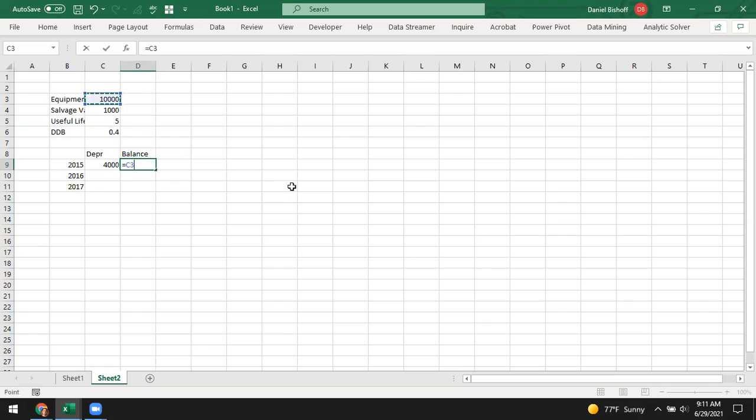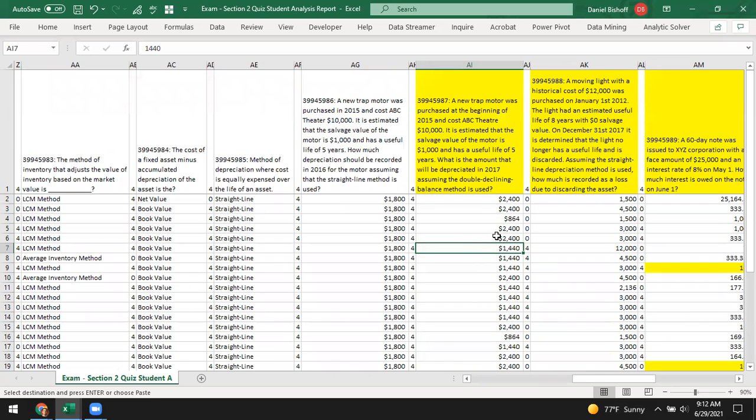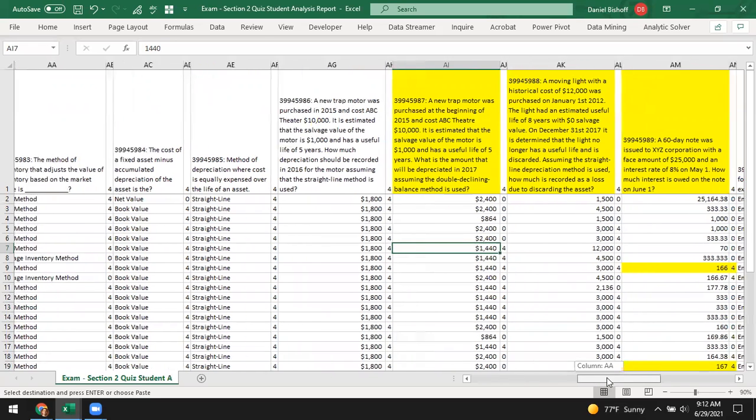So our balance is 10,000 minus that. New balance will be that minus that. This is going to be equal to the balance times our rate. So 1440 is our double declining balance amount, and that is the correct answer for our question.